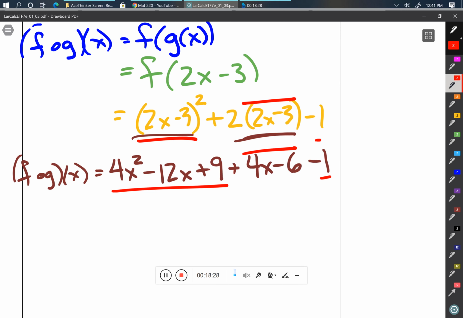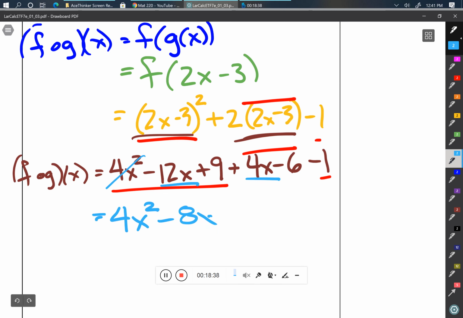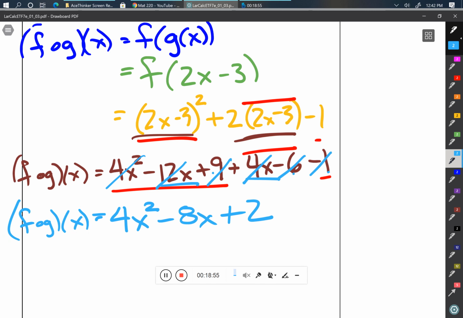Now I need to combine terms that I can combine. So there's my 4x squared. I've got a linear and a linear, so that's going to be a negative 8x. I've got a 9, a negative 6, and a negative 1, so that's a positive 2. Okay. And there's my composite function. F composed with g of x is 4x squared minus 8x plus 2.